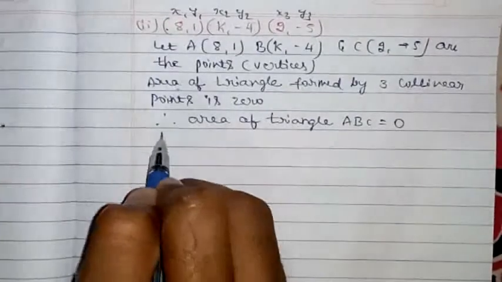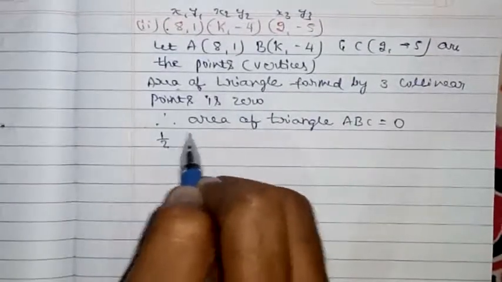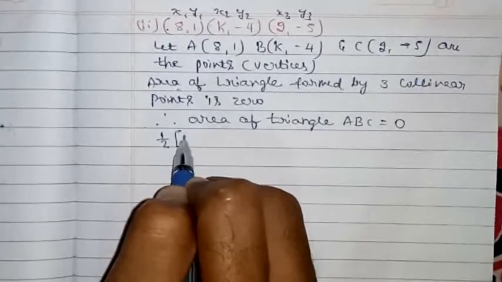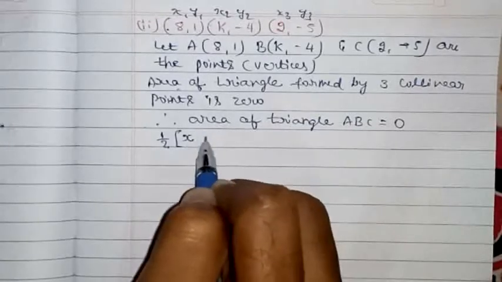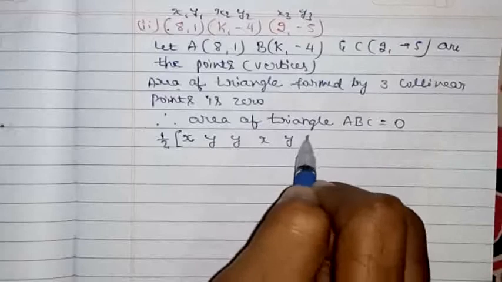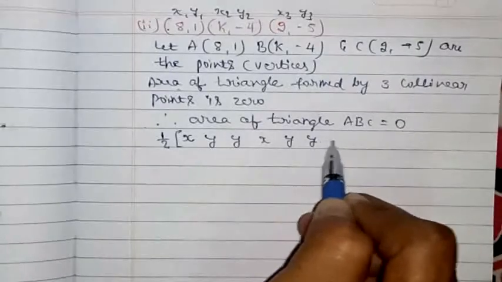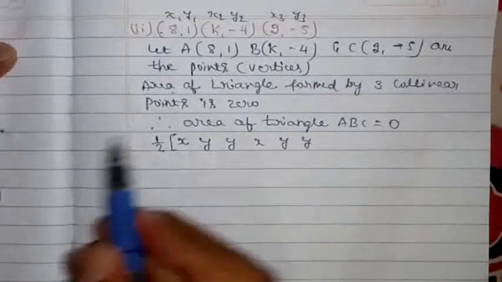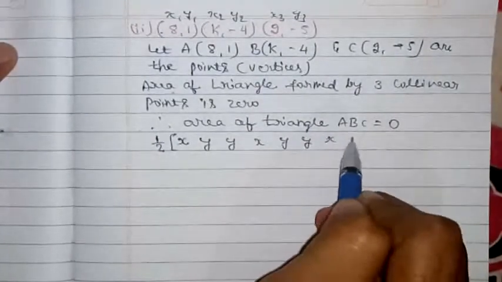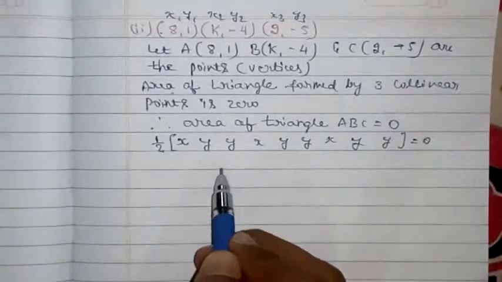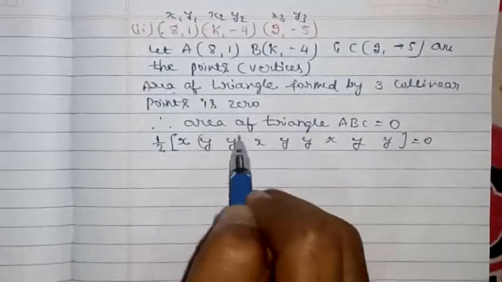So half into x1(y2 - y3) + x2(y3 - y1) + x3(y1 - y2), right, is equals to how much? 0. Okay, now bracket.